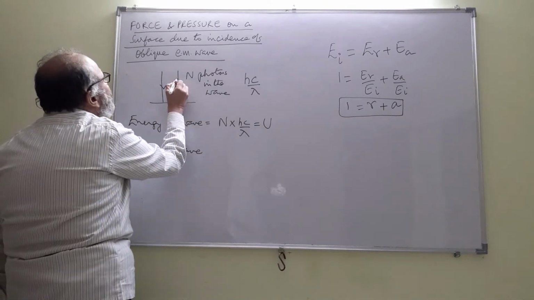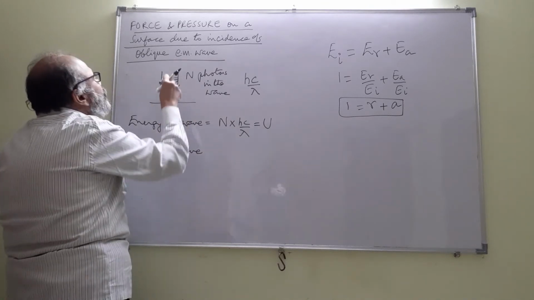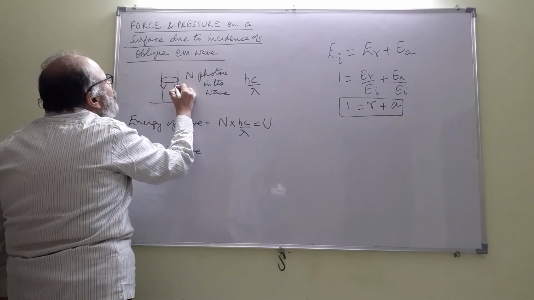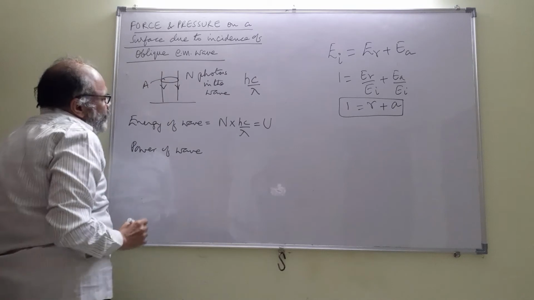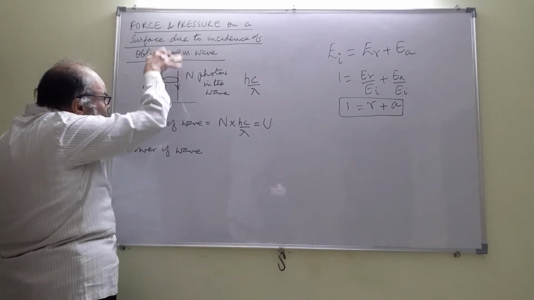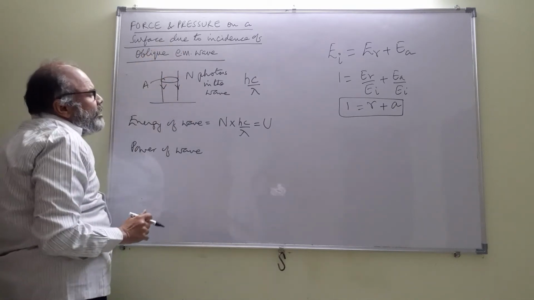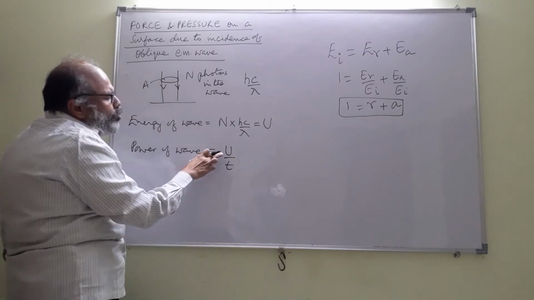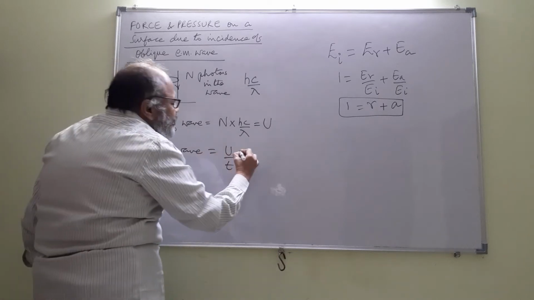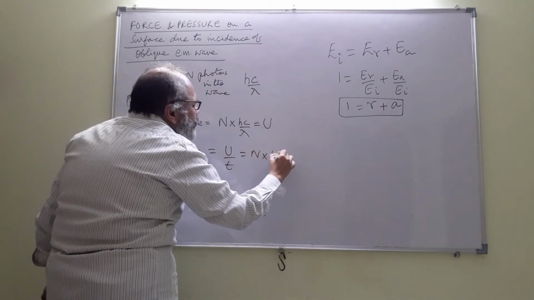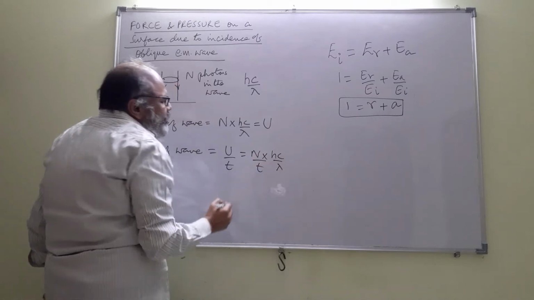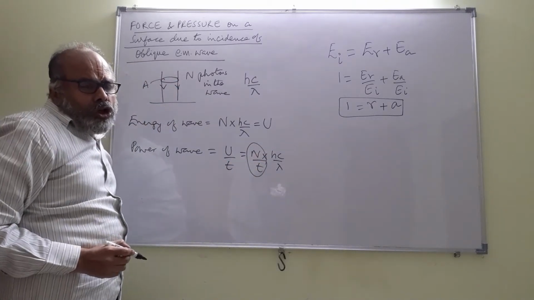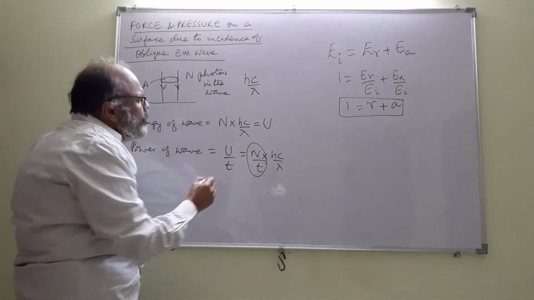If n photons cross this area in a time t, the power of the wave would be u by t, the total energy crossed in unit time. That is equal to n into hc by lambda by t. N by t is the number of photons crossing the area in unit time.